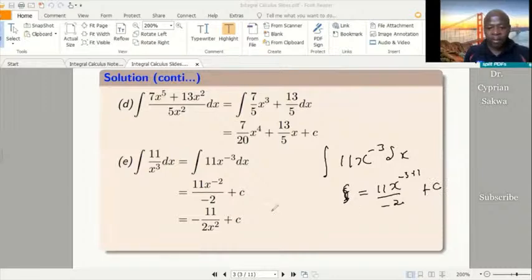And so that gives you 11x raised to negative 2 over negative 2 plus constant of integration. And if you want to write this as positive, then you write it as negative 11 over 2x squared plus c. You can even leave your answer at this point and it would still be correct. I wanted to express the power of x as positive. That is why I've taken it to the denominator.